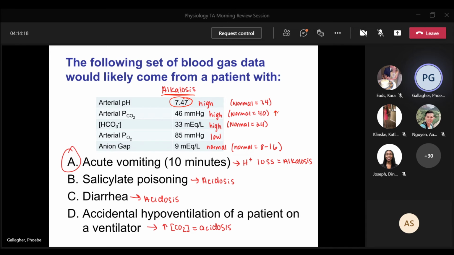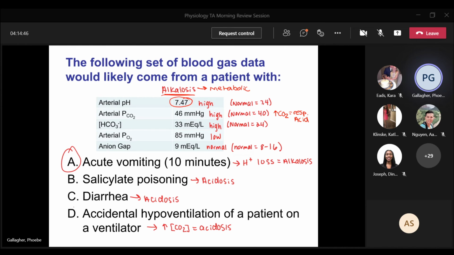A high CO2 would indicate respiratory acidosis, so we know right away that CO2 here is a compensatory mechanism. This is our lungs trying to compensate for alkalosis, meaning that the lungs aren't the cause of the problem. It's likely something else, so we're looking at metabolic alkalosis, sorry.